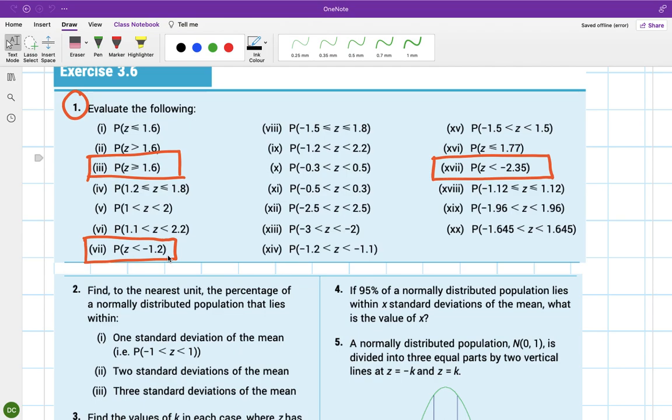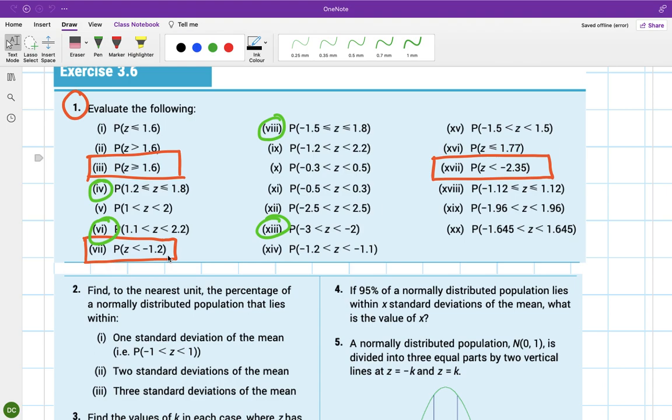This one, I did that one already. This one, that's a minus. They should be okay. That's a minus and a plus. They're all minus and pluses. There's two minuses. Minus and a plus. There's literally a handful.